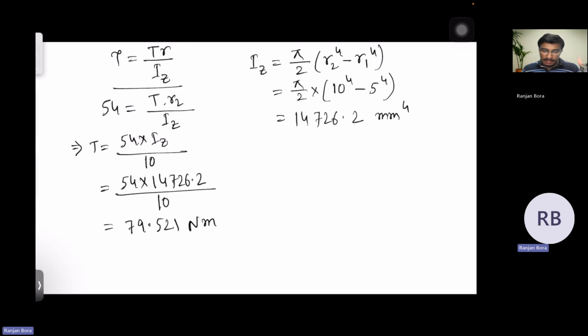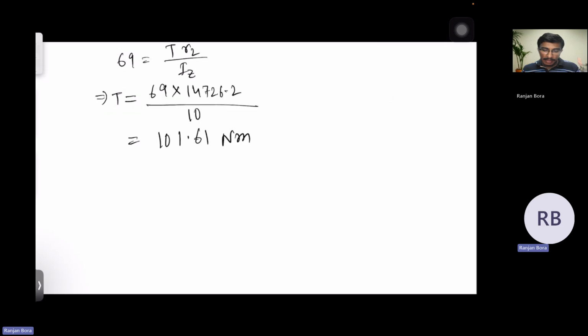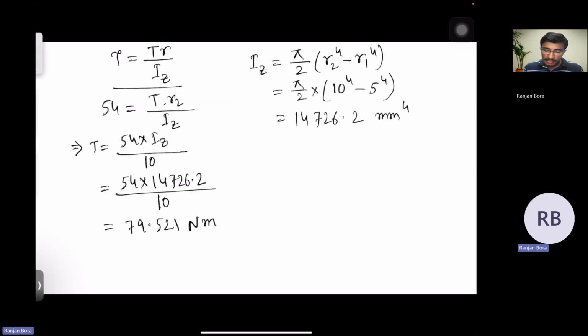Now, if this much torque acts, what will happen to the fibers on the endosteal surface? That we need to find out. So we need to find the shear stress on the endosteal surface when this much torque is applied. It will be 101.61, and again we convert the unit of meter into mm by 10 power 3, times R1.